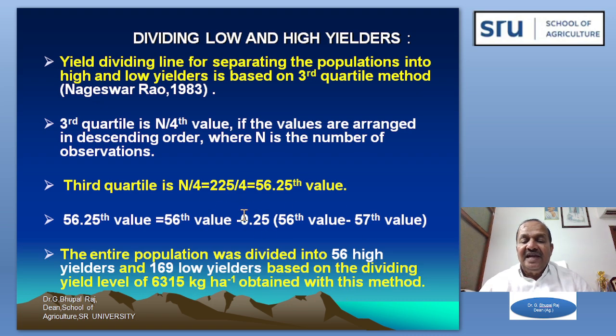Samples having more than 6,315 kg per hectare are high yielders, and those below 6,315 kg per hectare are considered low yielders. Like that, we divided the entire population into low and high yielders following the third quartile method developed by Nageshwara Rao.